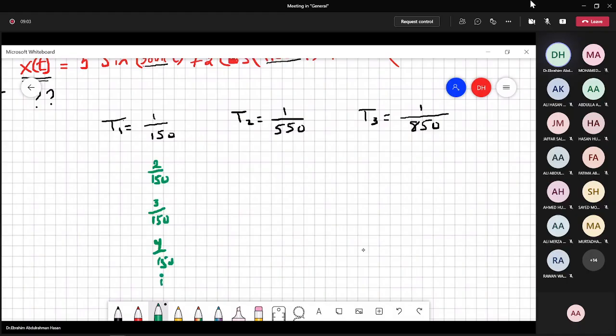Similarly for this one, it's repeating every 1 over 550, 3 over 550, and so on. But this is not the easiest way. We want to find the common between the three, but where is the common now?